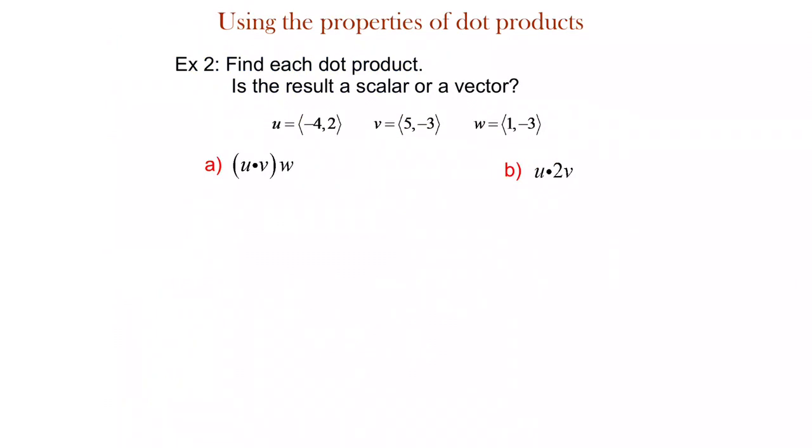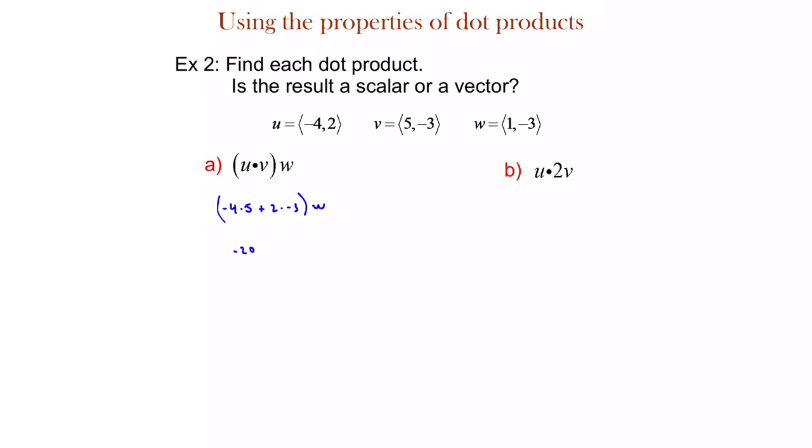Let's go ahead and use the properties of the dot product. So we're going to find each dot product and then ask the question, is the result a scalar or a vector? The first one is the dot product of u and v times vector w. So we'll do the dot product first. That'll be negative 4 times 5, multiplying the first components, plus 2 times negative 3, multiplying the second components. This will be multiplied by vector w.